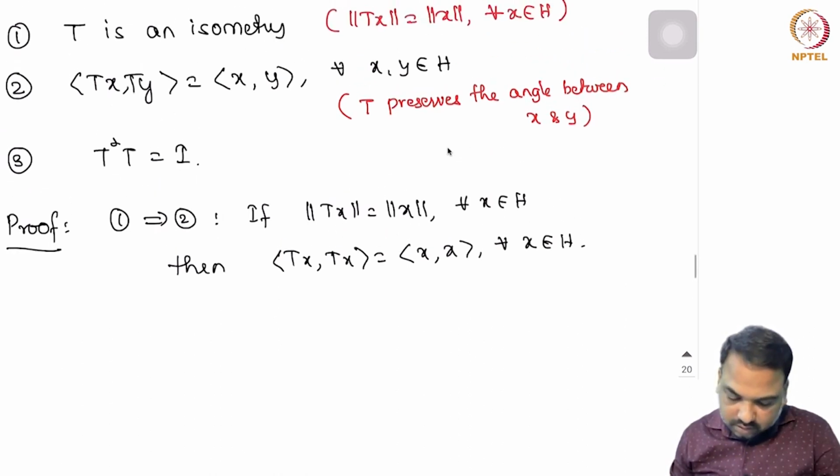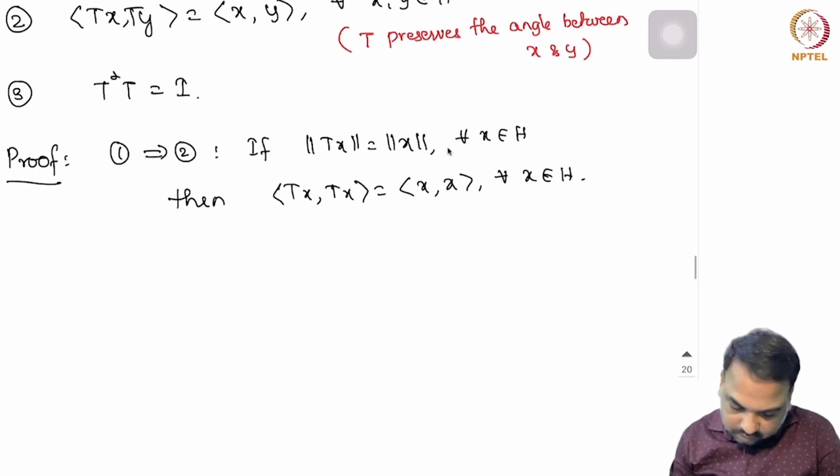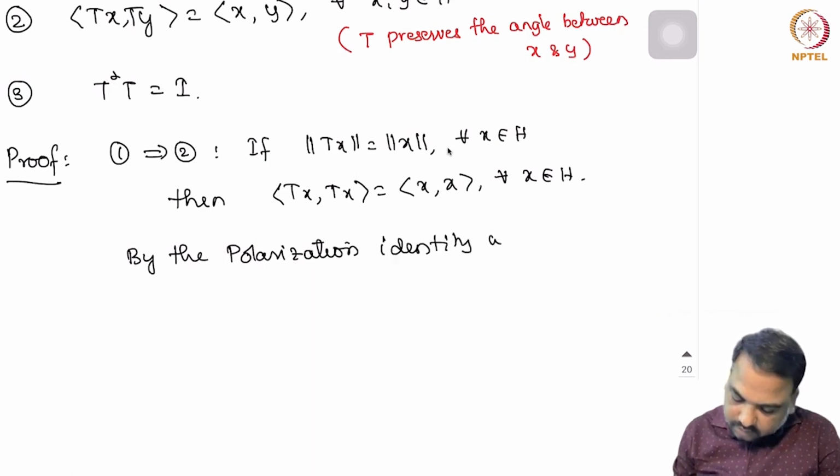Now to conclude the result, we have to apply the polarization identity. By the polarization identity, you can get inner product Tx with Ty is inner product x with y for every x, y in H.